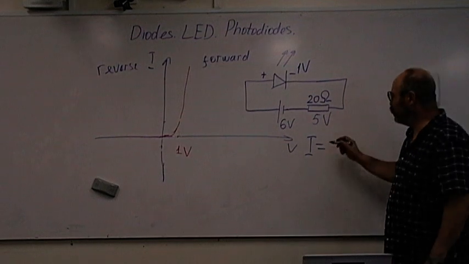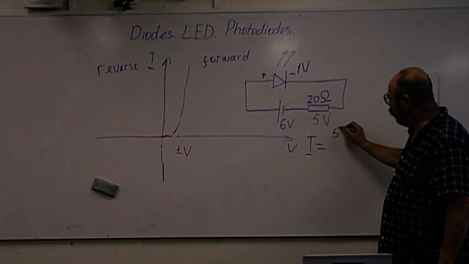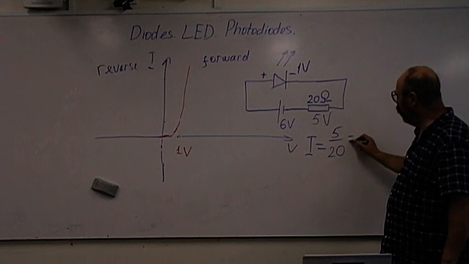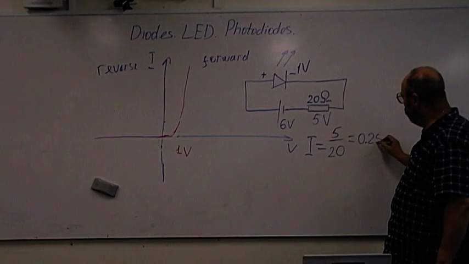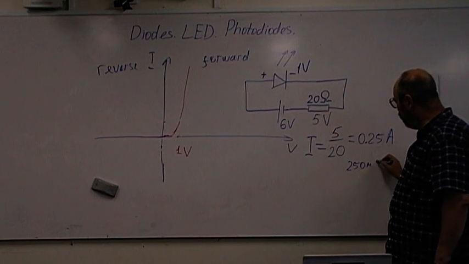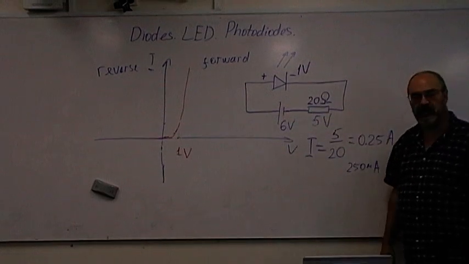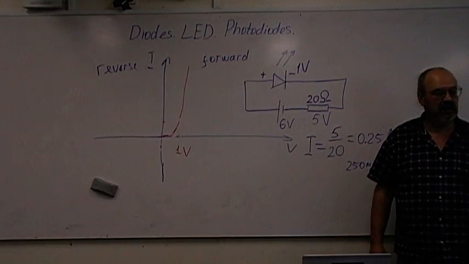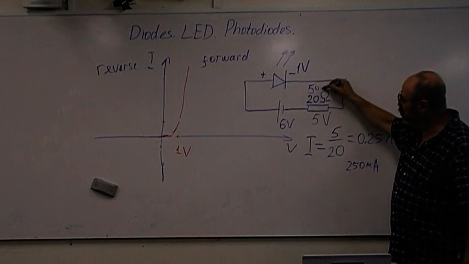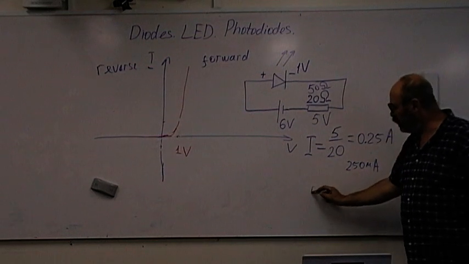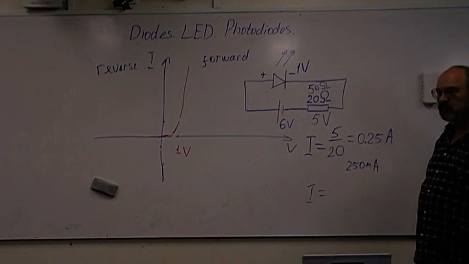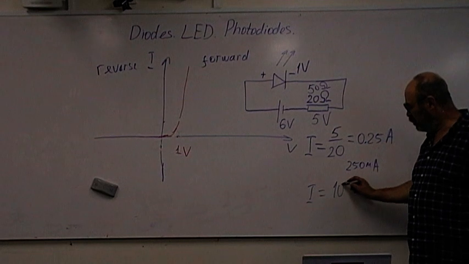Yes, the voltage across the resistor. So we get 5 volts divided by 20 ohms, which equals 0.25 amps or 250 milliamps. If we connect, for example, instead of 20 a resistor of 50 ohms, what will be the current in the circuit? It will be 100 milliamps.